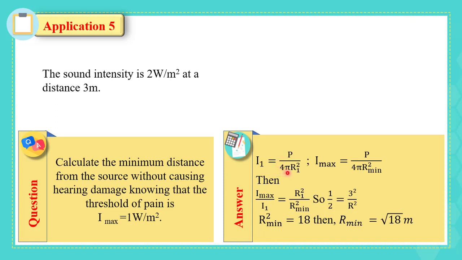And we know that the maximum intensity corresponds to the minimum distance, which we will call R minimum. So Imax equals P over 4 pi R squared. So by putting Imax over I1 and replacing Imax, I1, R1 by their values, we will find that R minimum is radical 18 meters.